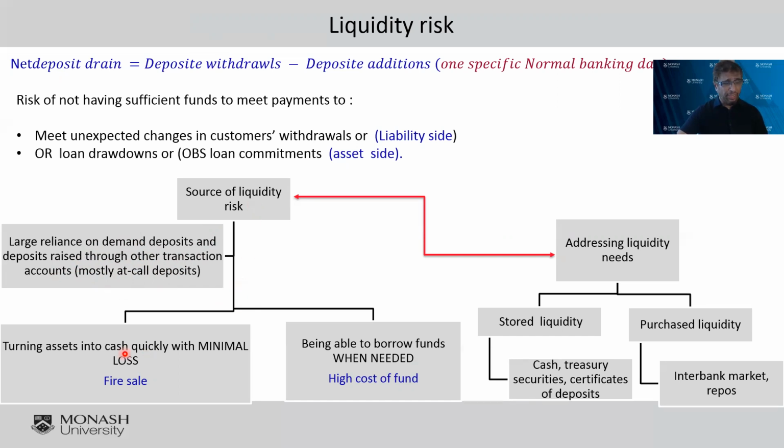Either you sell your assets, and sometimes you sell them in a rush because you have to raise the funds. Usually when you do that and the market is not liquid, you run into an issue called fire sale. Fire sale is a sale of an asset at less than the market price.